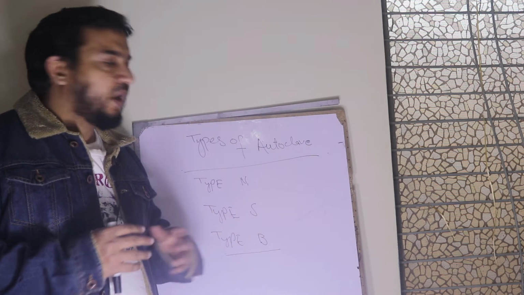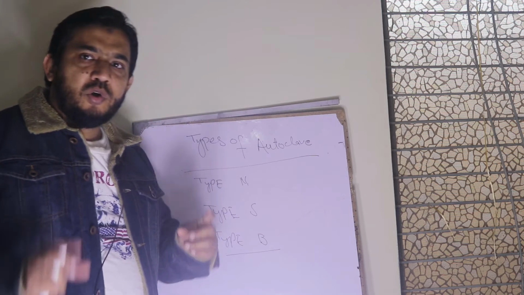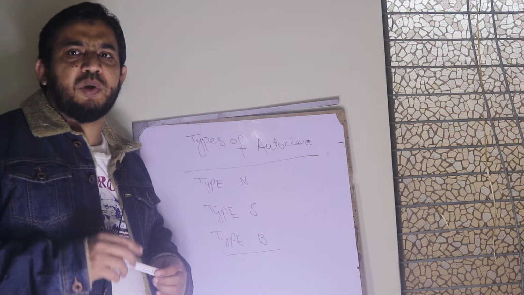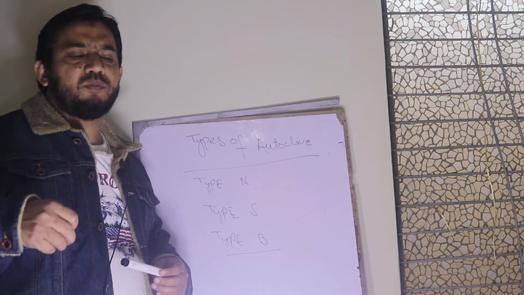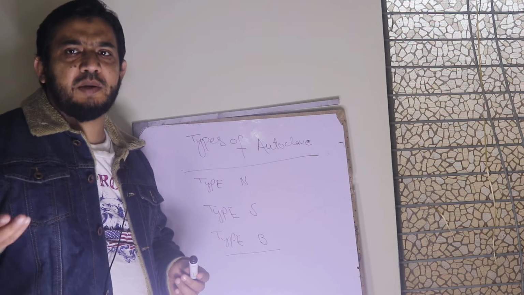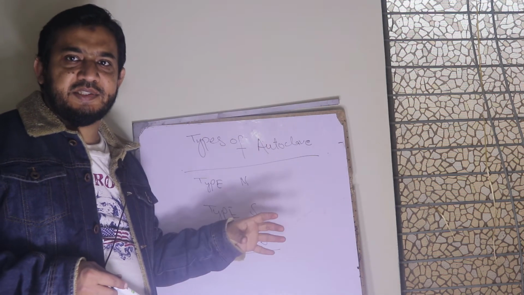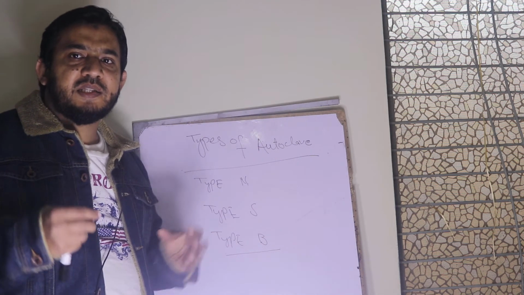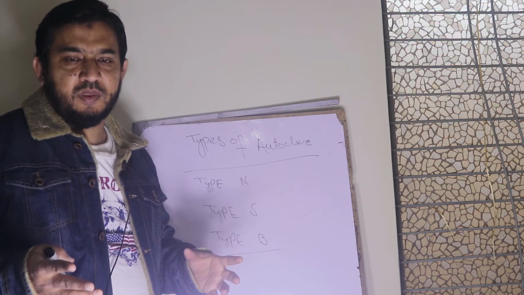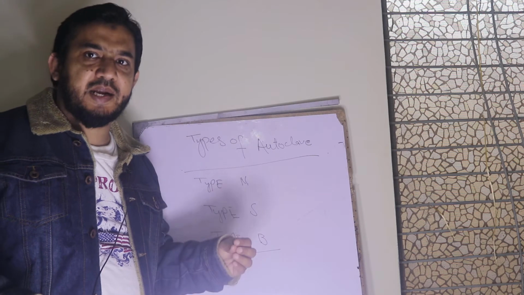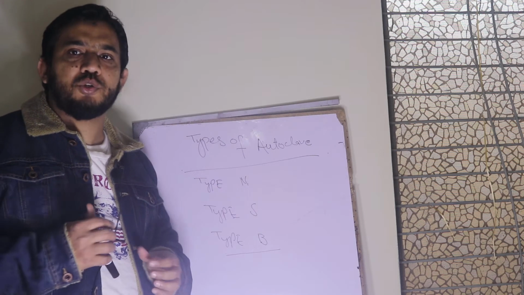If we talk of type N or class N, what is the meaning of N? In type N, we use drums which are filled with water and produce steam under some pressure. But at the end of this sterilization, we get wet instruments. Number one, the instruments are wet. The second is that they are for instant use.